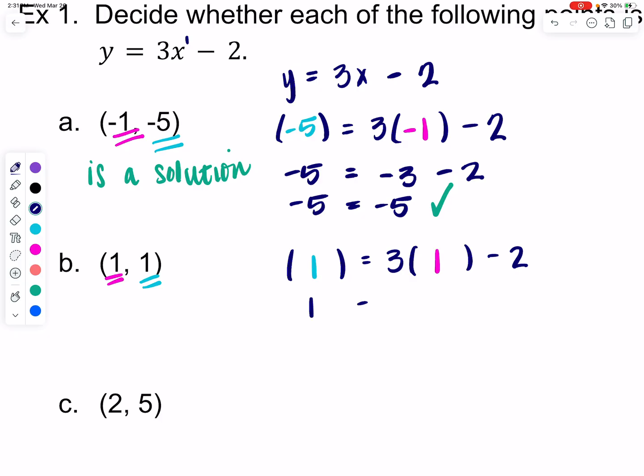So I get 1 is equal to 3 minus 2. 3 minus 2 is not -1. I was testing to see if you were paying attention. 3 minus 2 is actually 1. And 1, last time I checked, was actually equal to 1. Since that math works, 1, 1 is a solution.